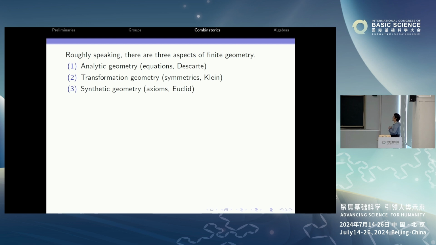Roughly speaking, there are three aspects of geometry. The first is analytic geometry, which is the study of geometry by using equations. The second is transformation geometry, which studies geometry from the viewpoint of the symmetries they have. And the third is synthetic geometry, where you study geometry starting from some axioms and try to study their properties and do classification.